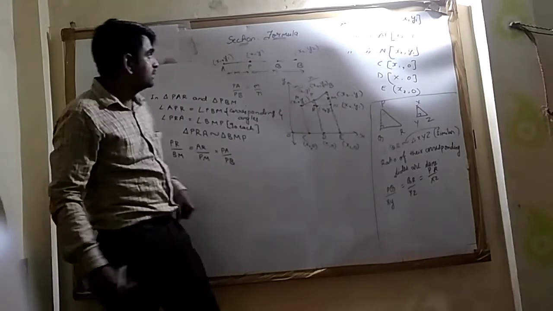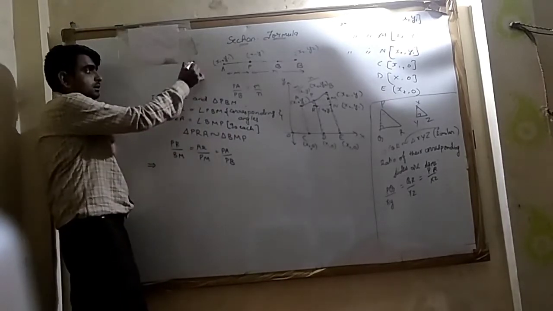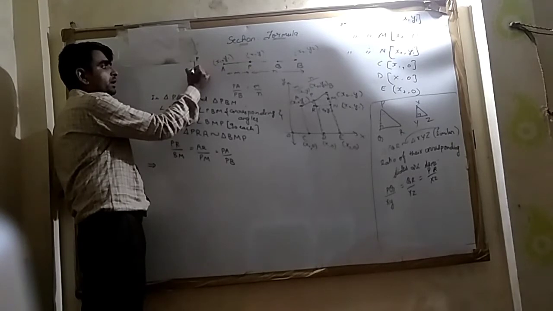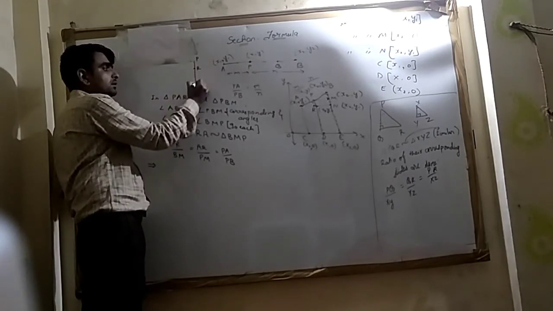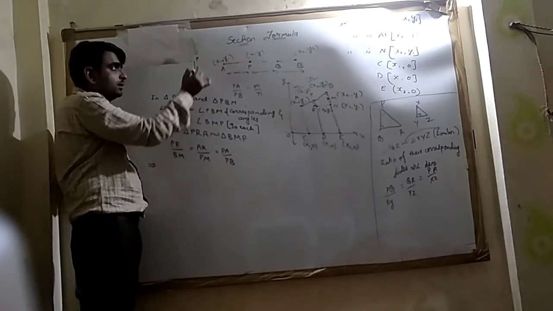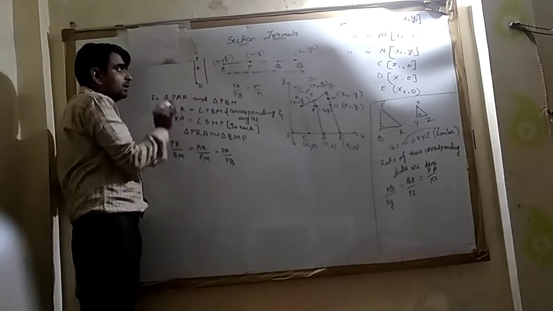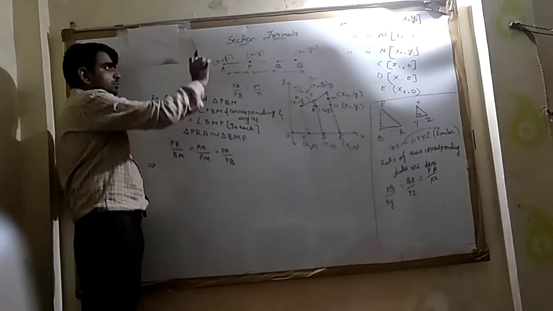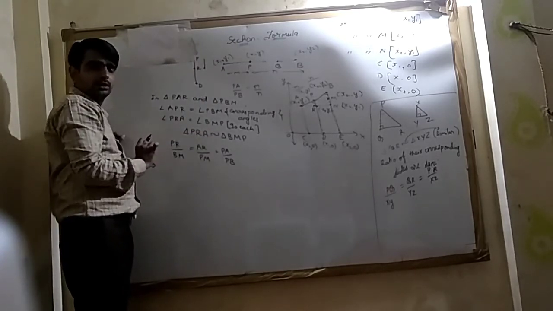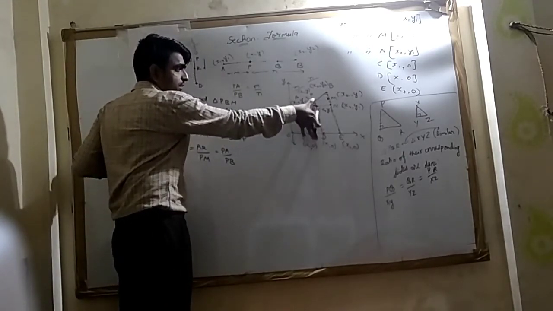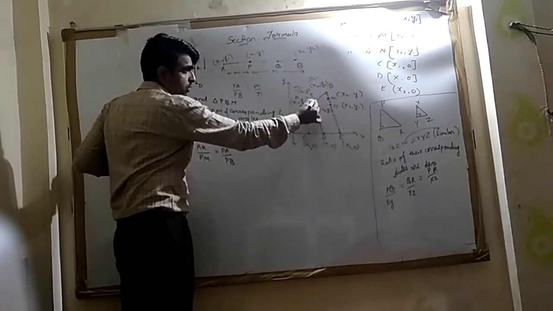So PR, see, understand here, I need to find PR. So what do I do? To find this PR, what I did, this was PD, from this PD I subtracted DR, and I got PR. Okay, now what is this PD? P to D. How much distance is this? See, what is y coordinate here?